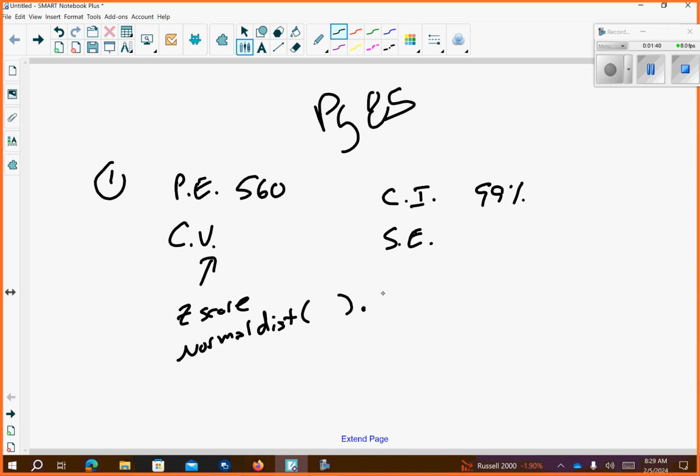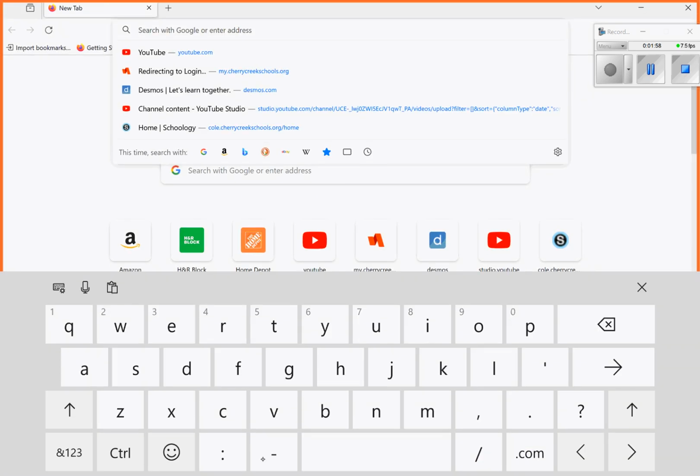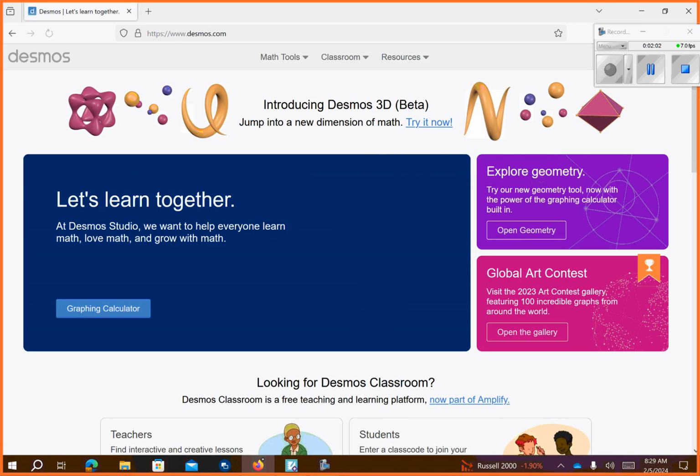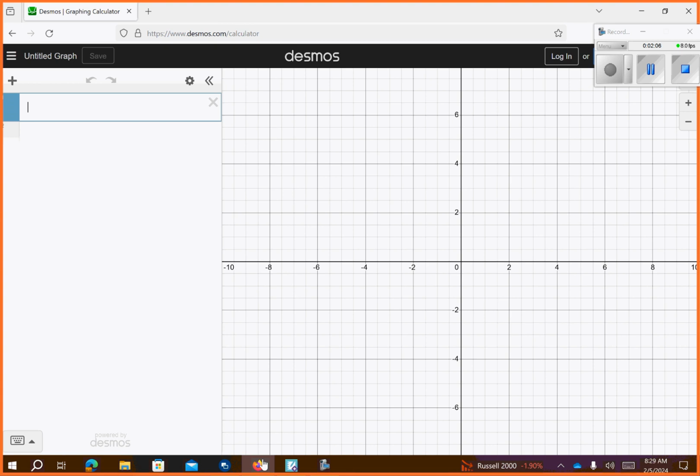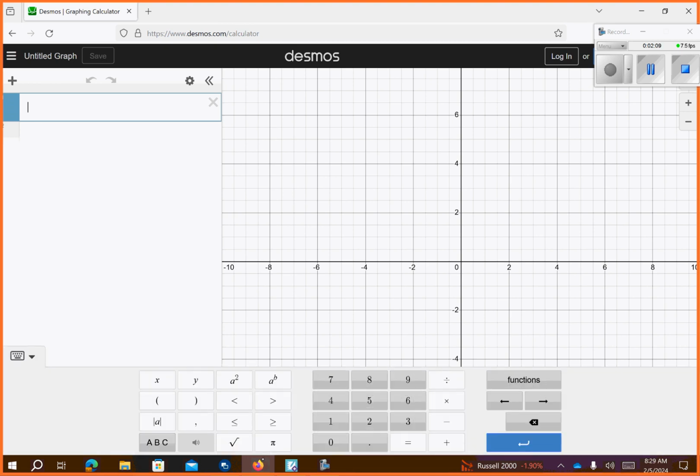And then we'll have to go dot inverse CDF. And halfway to 100 from 99 would be 0.995. All right, Desmos.